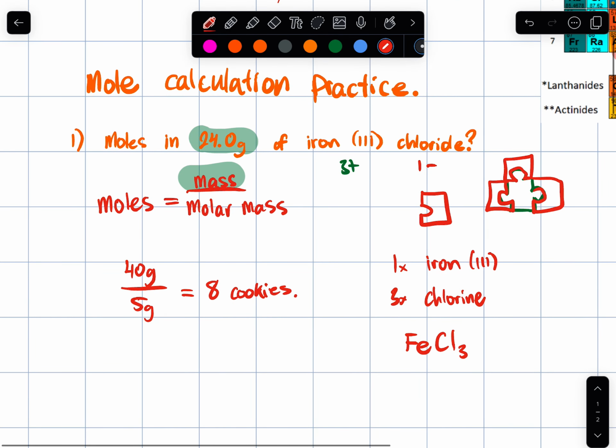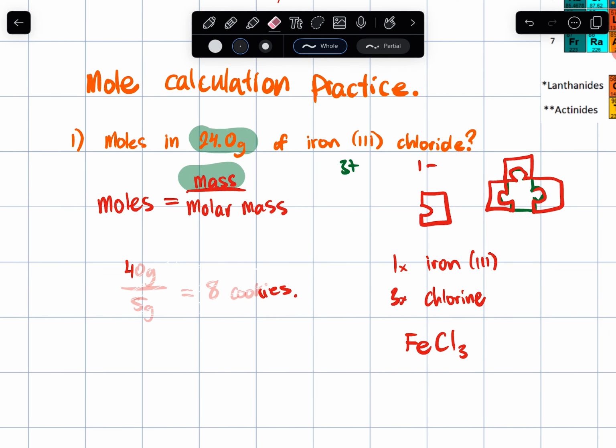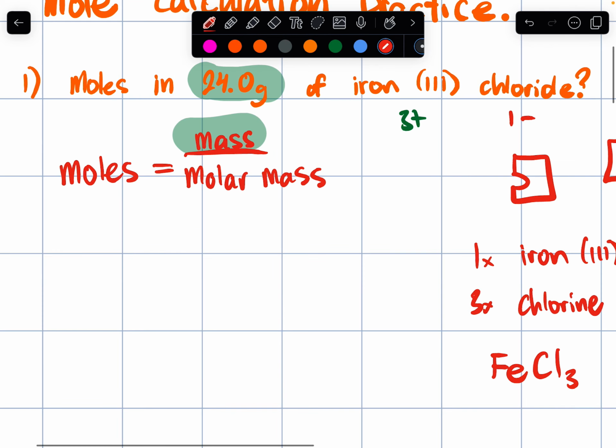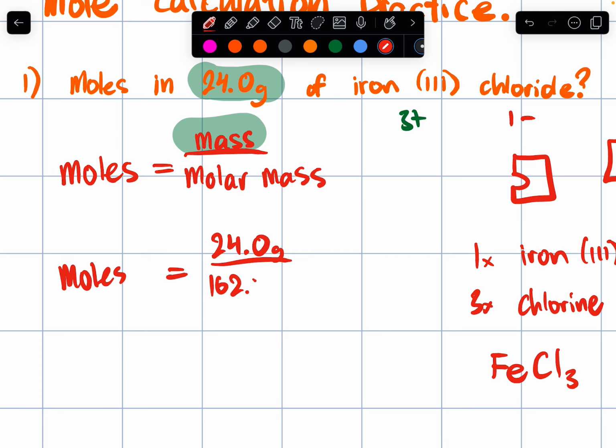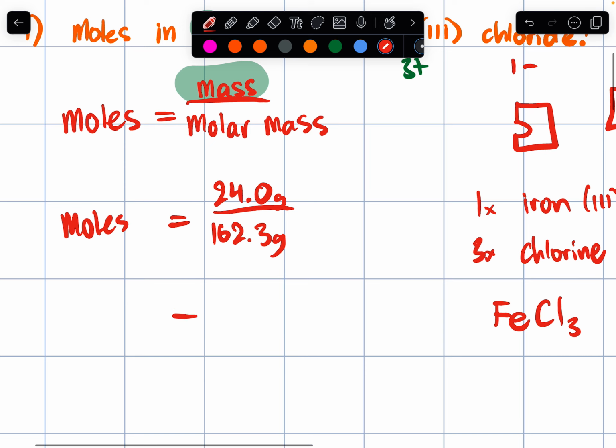So we come back here and fill it in. We have our 24 from the top, 162.3 grams for our bottom, which is our molar mass, remember? And then we're going to just put that into our calculator. 24 divided by that is around 0.15 moles.